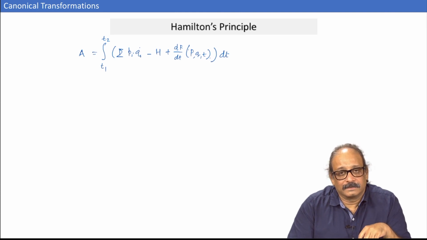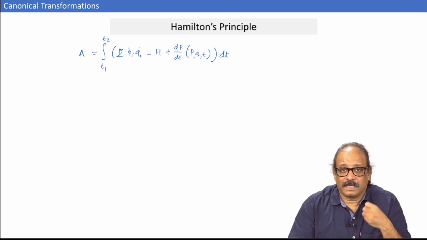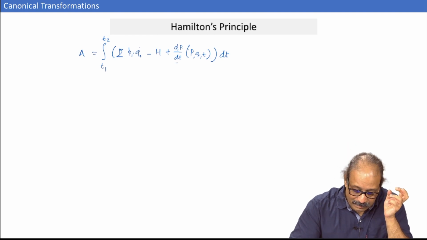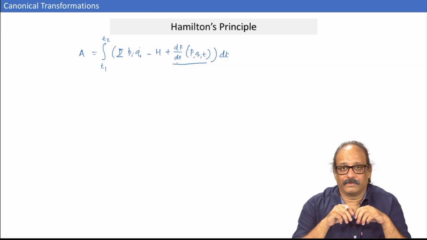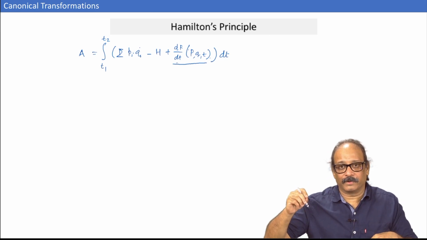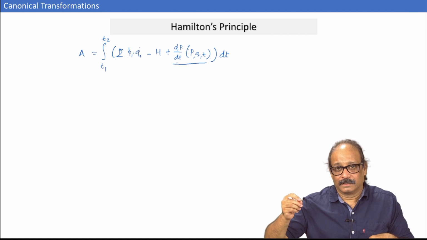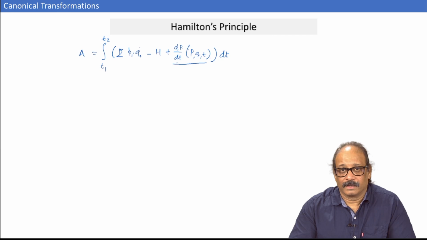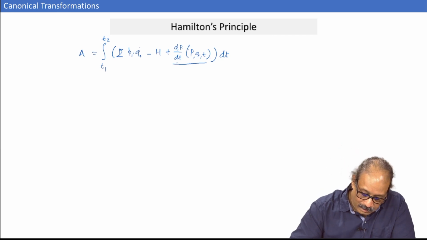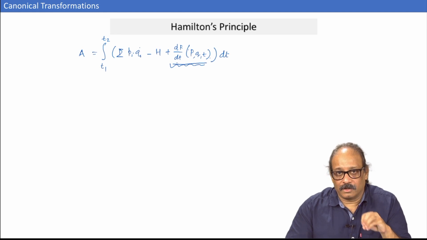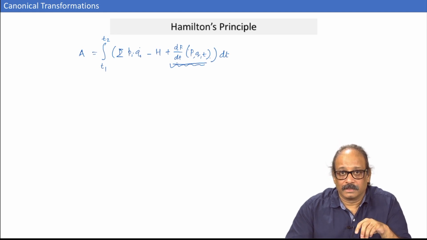What happens in this case? Oh, you get exactly the same equations of motion. Why? Because remember this term here being a total derivative, where does it contribute? It contributes only at the end points, but at end points the variation in this function is 0, which means this term actually does not change your equations of motion.